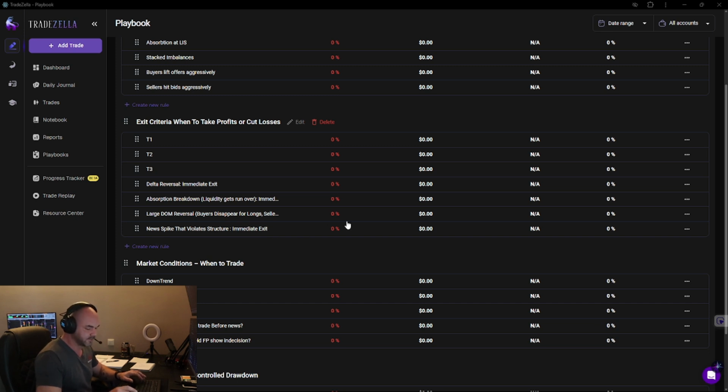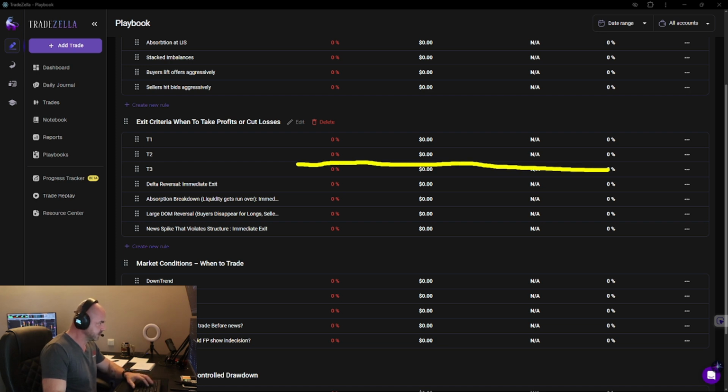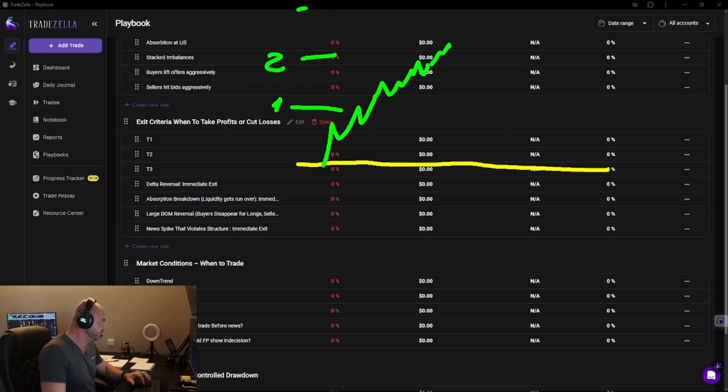So, as we saw Friday, what happened was we had the line in the sand, the yellow line, and price was going up nice and green. We hit target 1. We hit target 2. And before we could hit target 3, does anybody remember what happened?